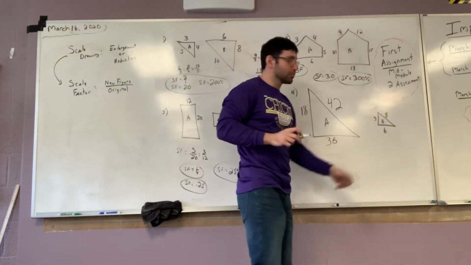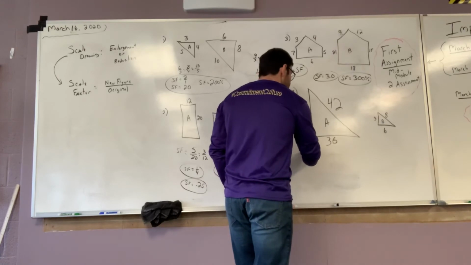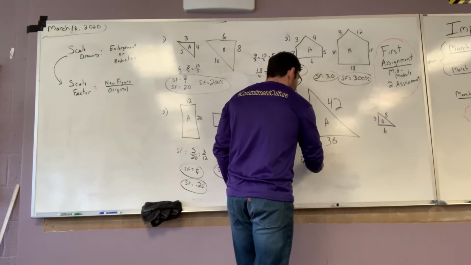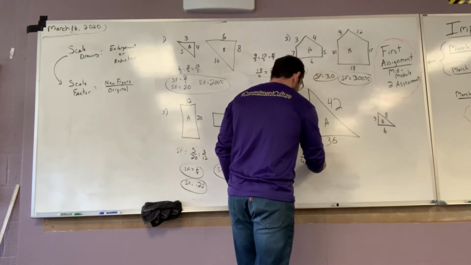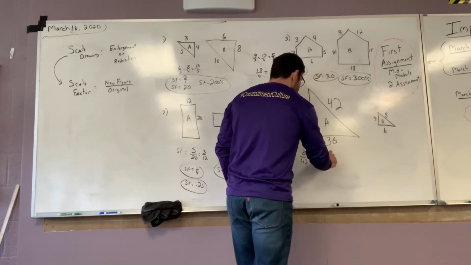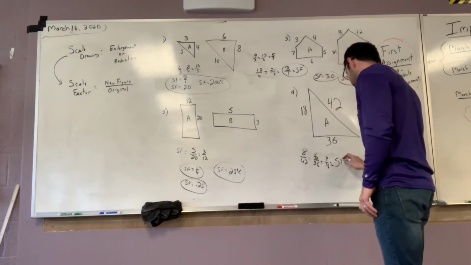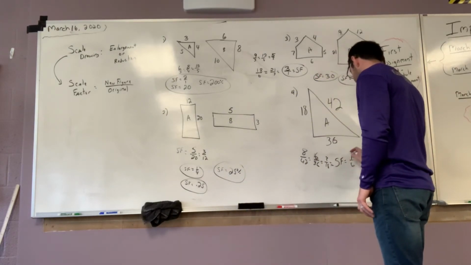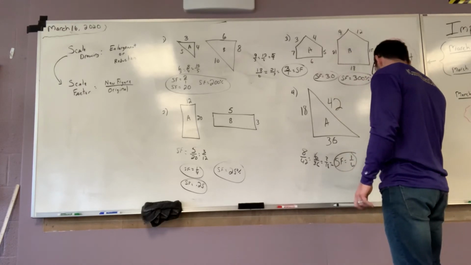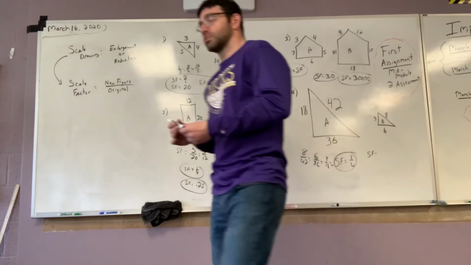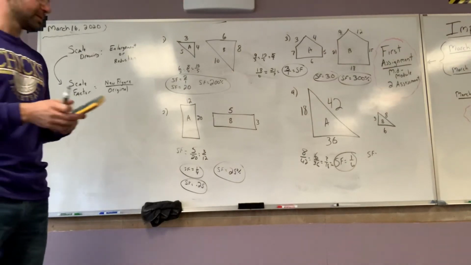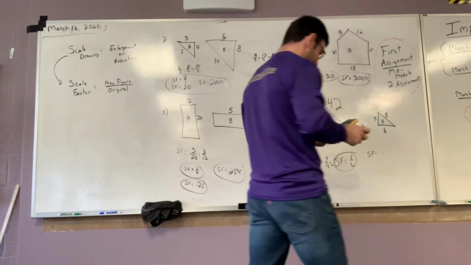Big to small, reduction. So 7/42. Mr. H almost did it wrong. 6/36 and 3/18. All simplify down to 1/6. There's the fraction. As a decimal, well, I don't know, 1 divided by 6.